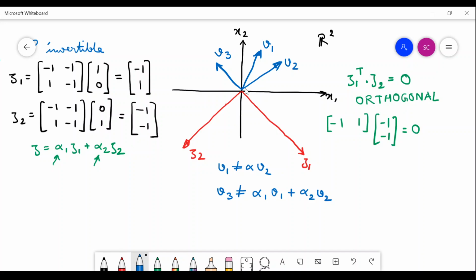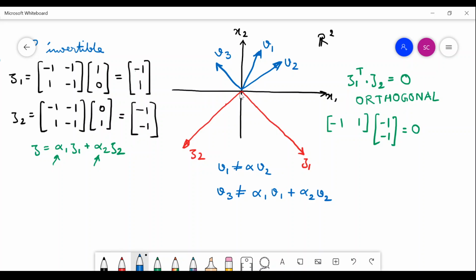However, if we take another vector v4 which is also outside the x1 x2 plane, then that v4 vector will not be independent of v1, v2, v3 together, because using v1, v2, v3, with v3 being outside the x1 x2 plane, you will now be able to create any vector in the three-dimensional space. So using three independent vectors, you will be able to create any vector in the three-dimensional space. So the fourth vector will not be independent.